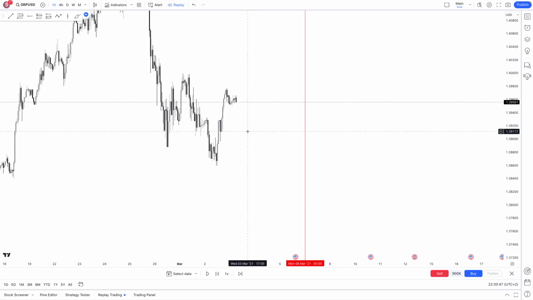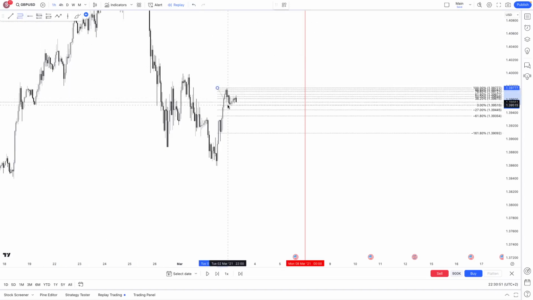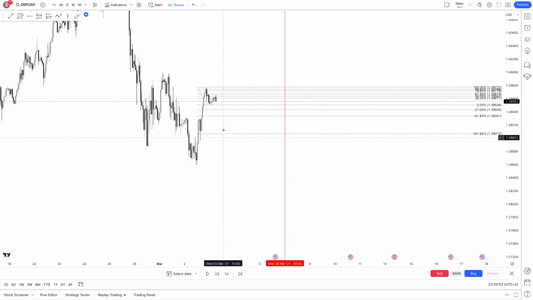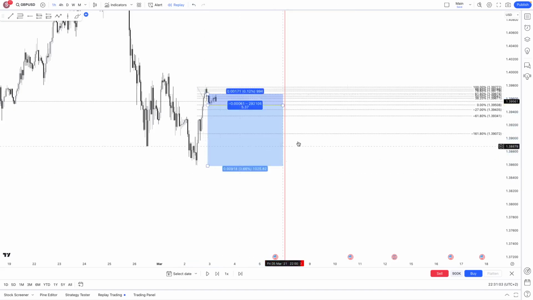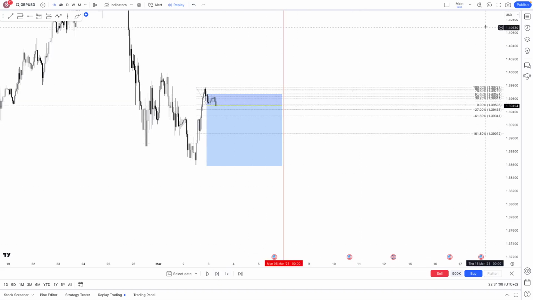Okay, this is definitely part of my plan. I'm looking for this to push lower. But I'm looking for this to come and break this low. Okay, I'm in.